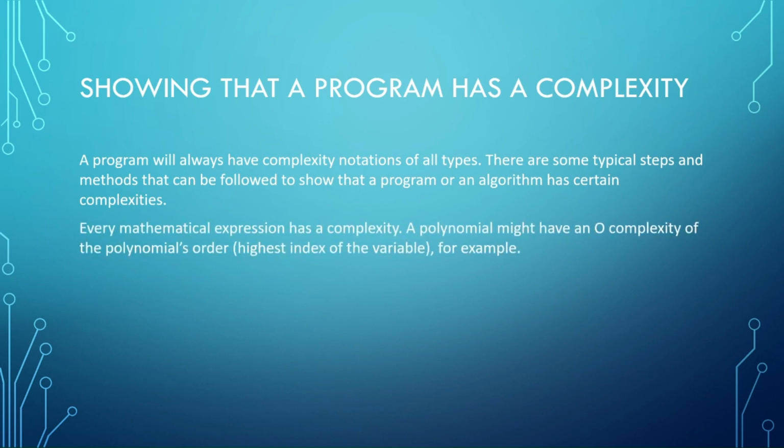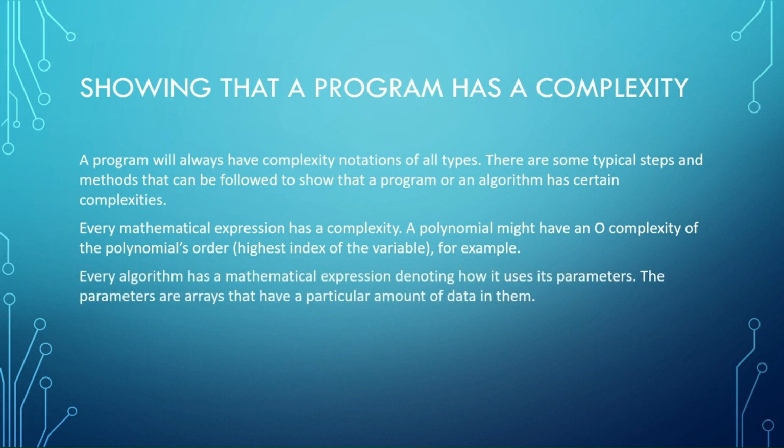So every mathematical expression has a complexity. So, for example, a polynomial might have a big O complexity of the polynomial's order, so highest index of the variable. So order 3, maybe n cubed, might be the optimal big O complexity.